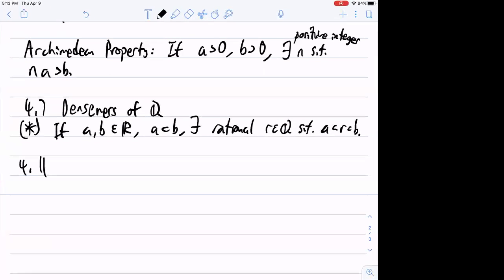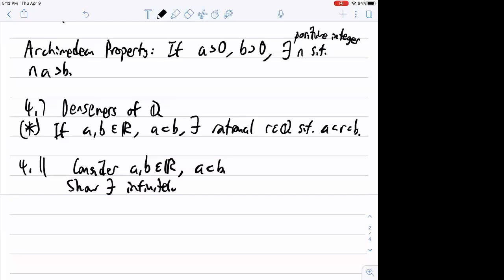Yeah. Consider A and B in R, A less than B. Basically show there exist infinitely many rationals in (A, B).